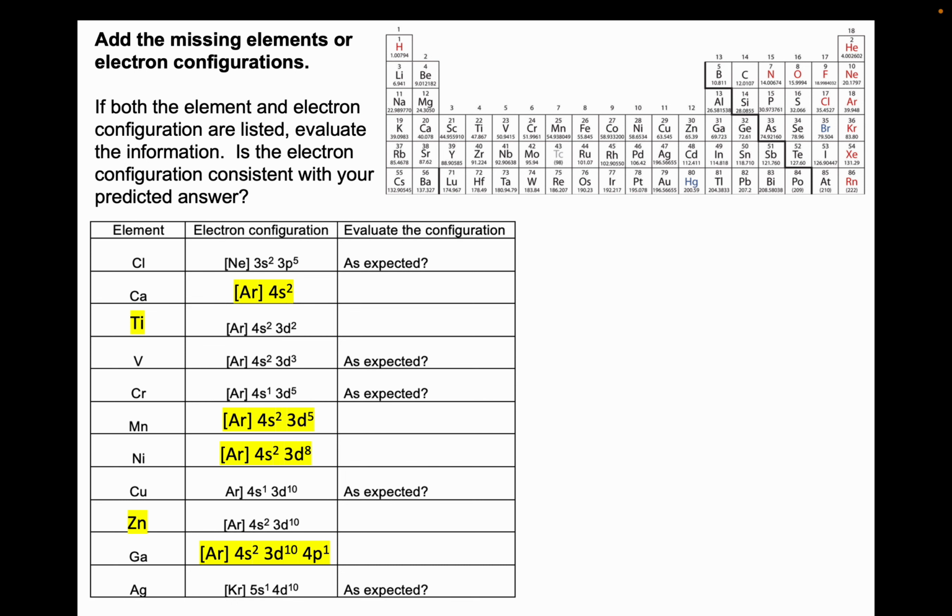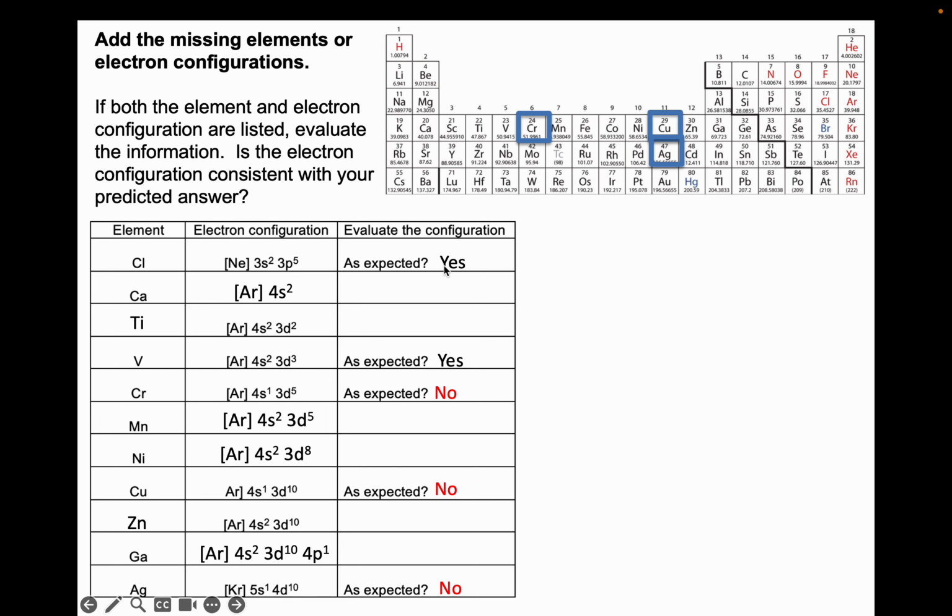Now let's go on and consider whether the values that are listed were ones that would be expected or not, based on the pattern that we are using with the periodic table. If I'm considering here for chlorine, neon 3s2, 3p5, I see chlorine that could begin with neon, and then what's beyond that? 3s2, 3p1, 2, 3, 4, 5.